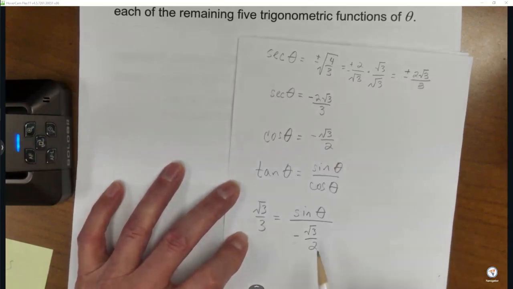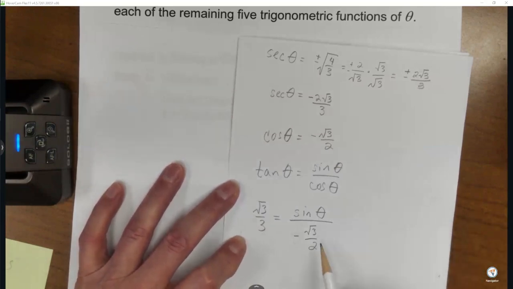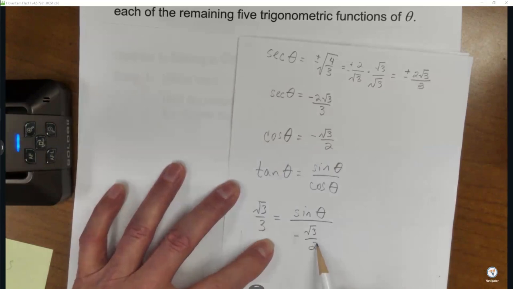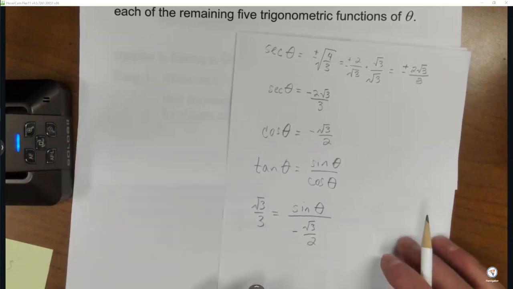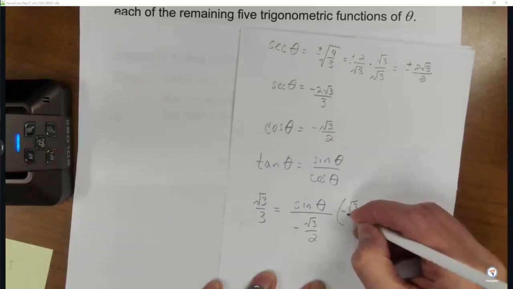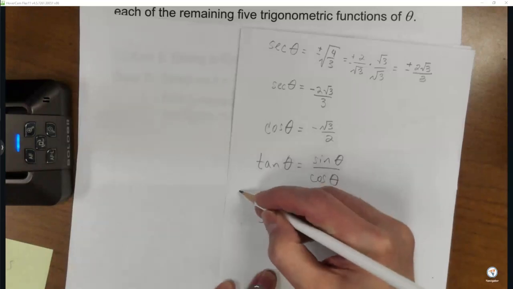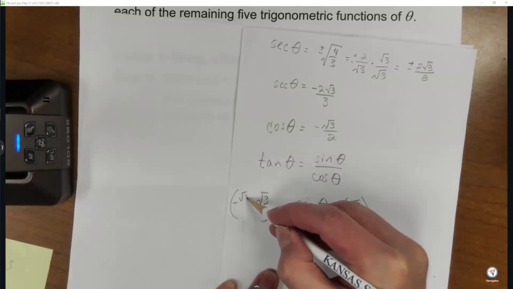Okay, so at this point, if I want to multiply both sides by this denominator here, then I'm going to get negative square root of 3 over 2. And then here I have to multiply as well by negative square root of 3 over 2.